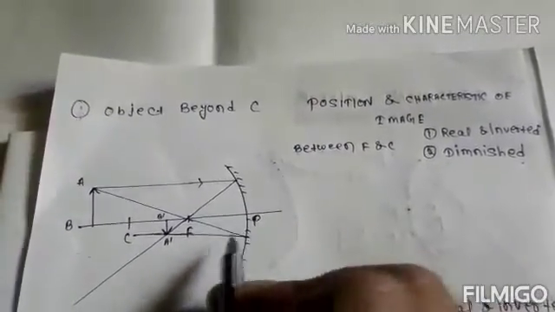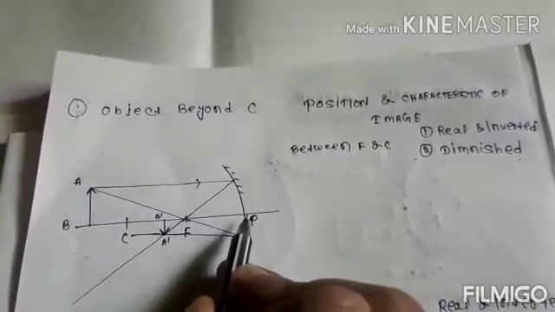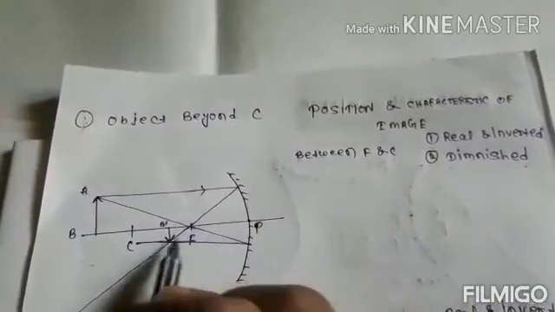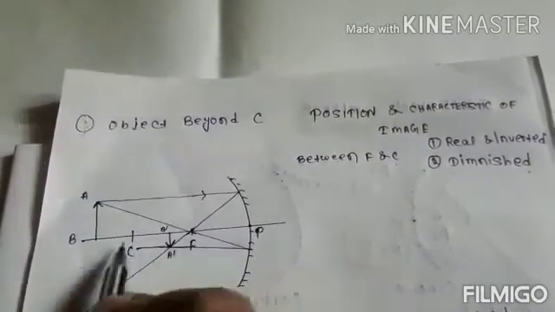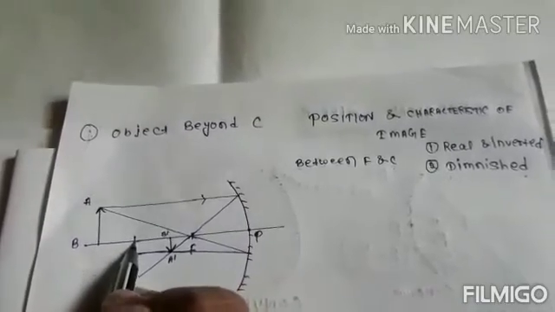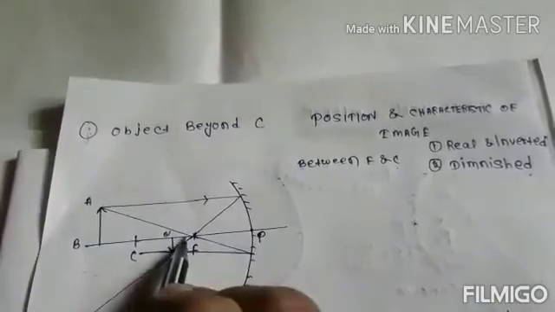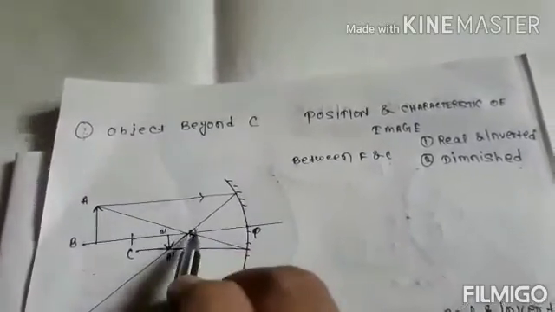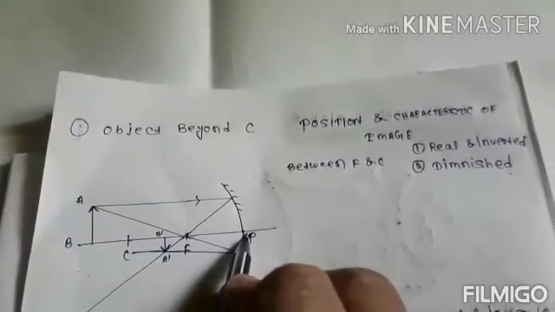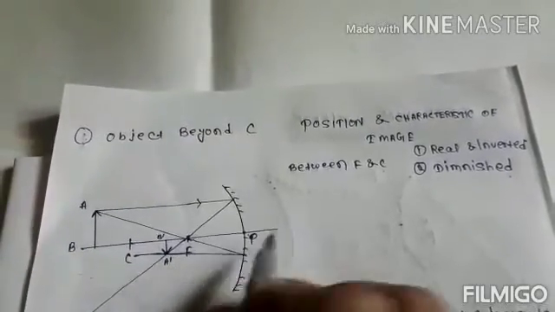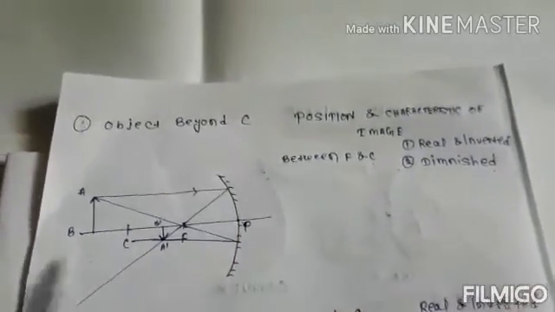This is the reflecting part, and this is the pole, the midpoint of the concave mirror. This is the focus and this is the center of curvature. The distance from center of curvature to focus is equal to the distance from focus to pole, and this length is called focal length. Clear?